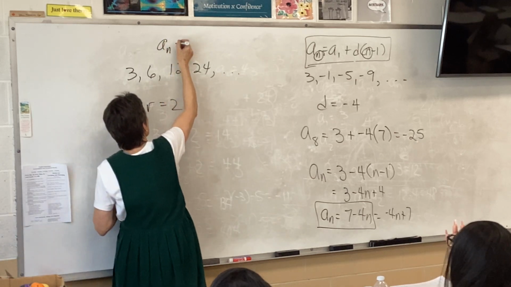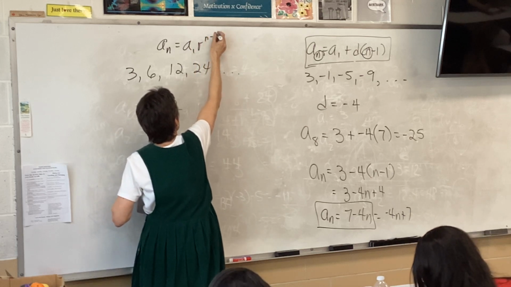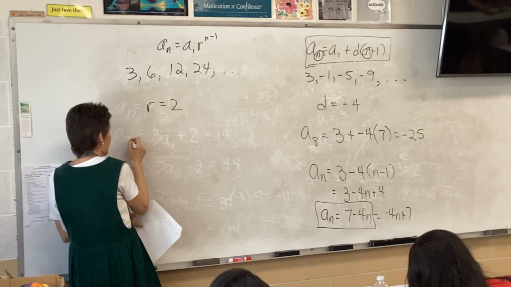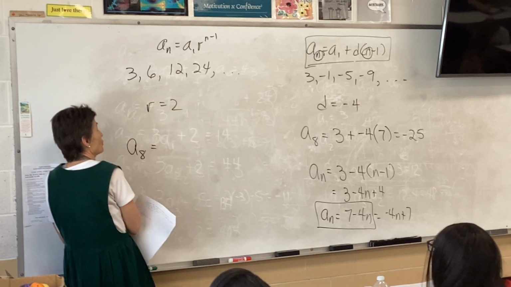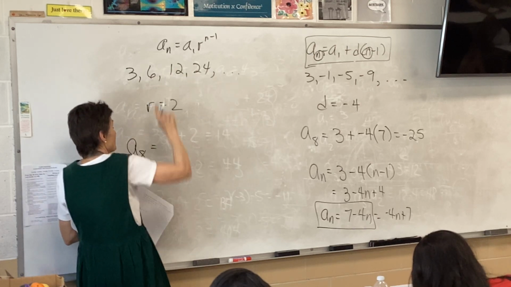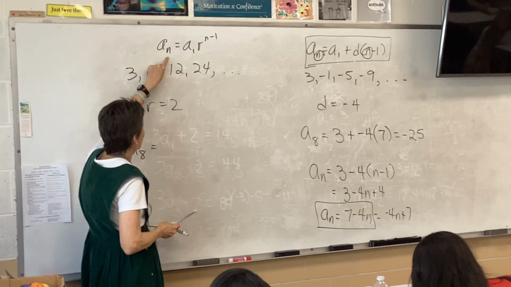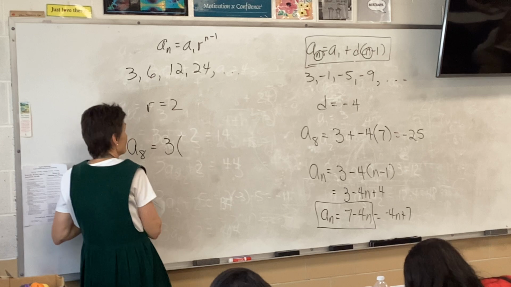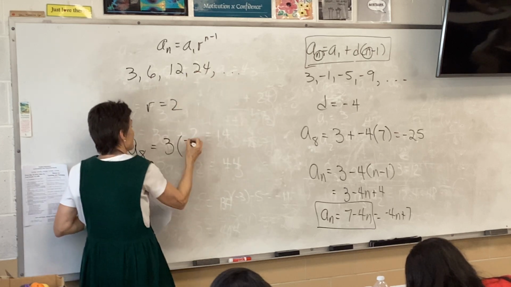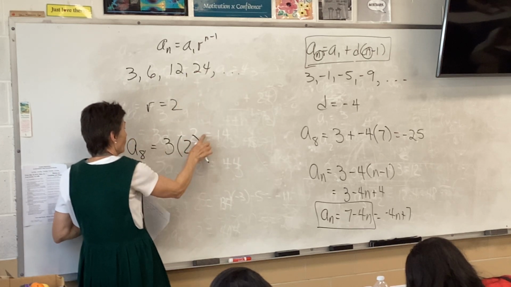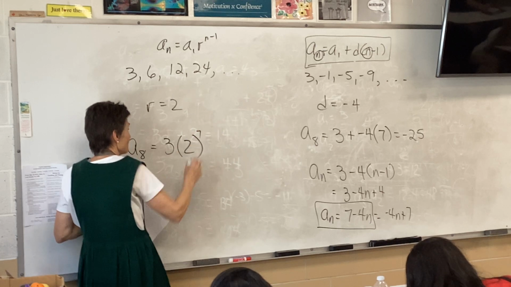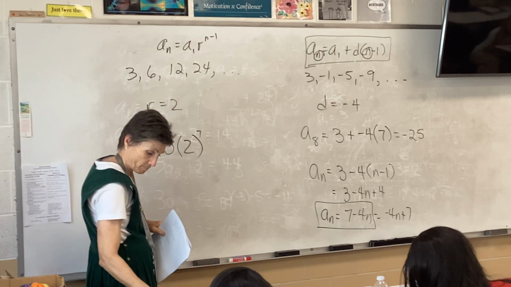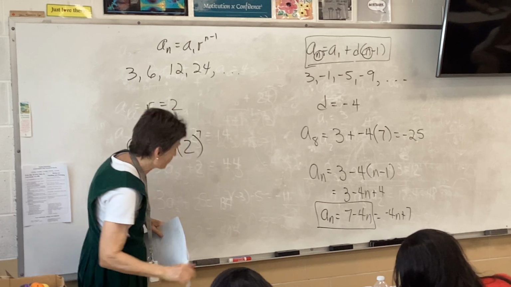I use my geometric formula. So if I want the 8th term, according to the formula, how will I find the 8th term? I'll take the first term times the common ratio to what power? 7. Yep. And I'll get 384.